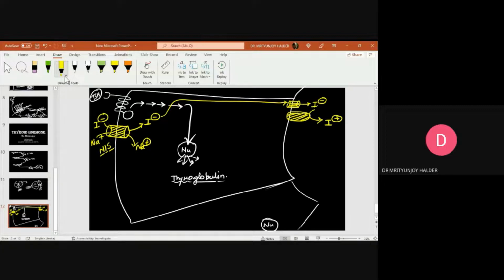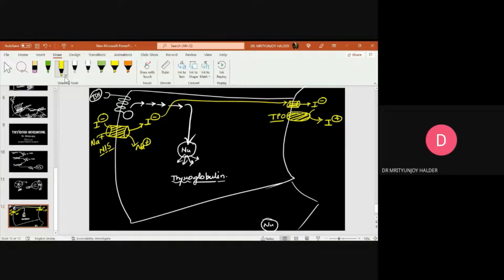This reaction is peroxidation. So the name of the enzyme hanging outside is called TPO or thyroid peroxidase. Why thyroid peroxidase? Because this iodine finally will help in making the thyroid hormone.